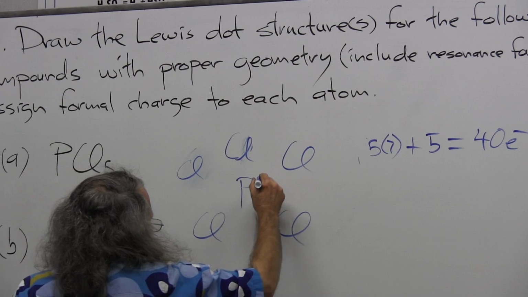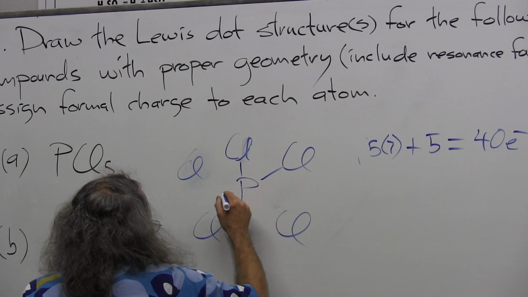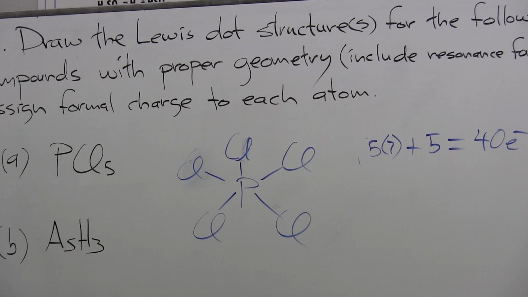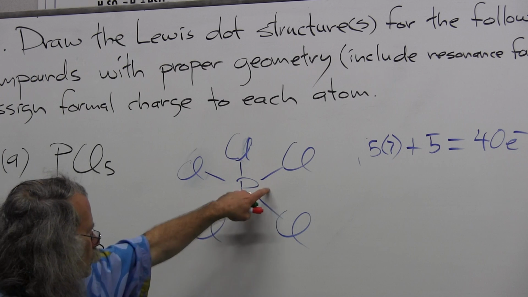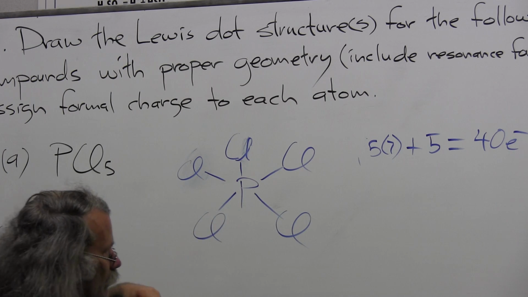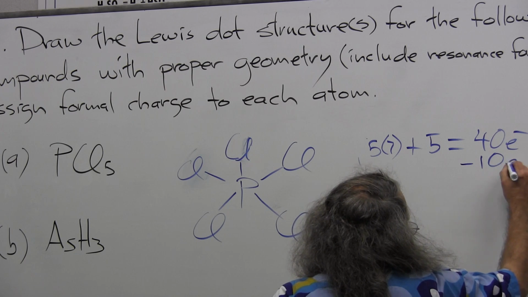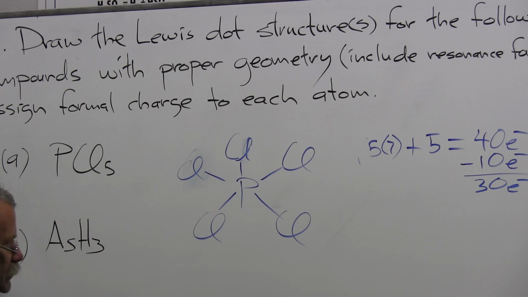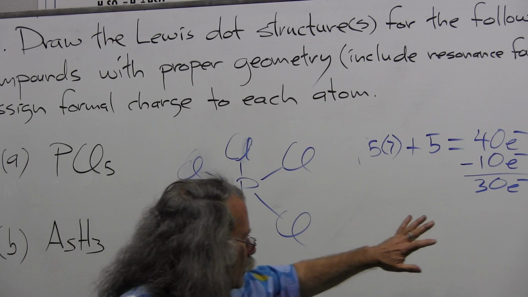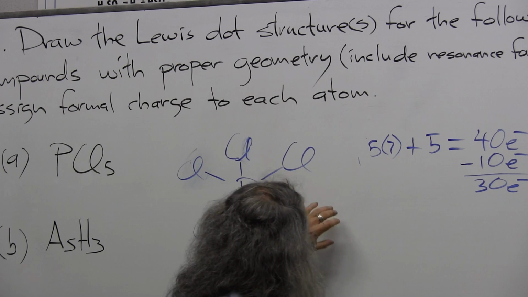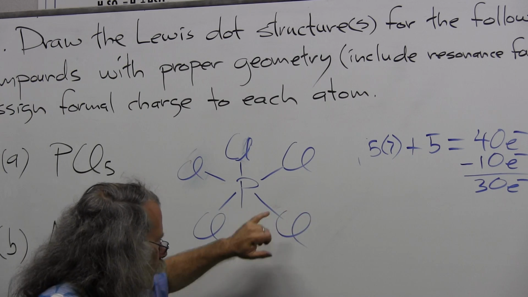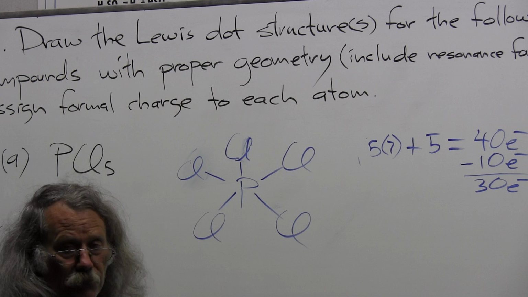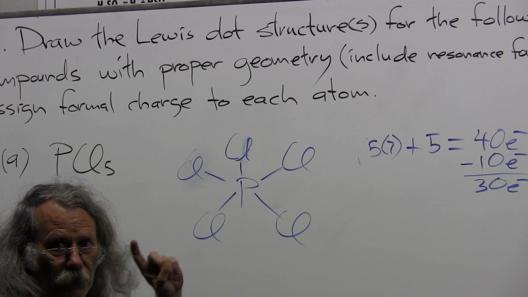Now, I will draw a line from the central atom connecting it to the outer atoms, depicting a bonding pair with each. I will deduct the 2, 4, 6, 8, 10 electrons from the total count. Minus 10 electrons gives me 30 electrons remaining. Now the next step is to distribute all of these 30 electrons pairwise to the outer atoms, completing the octet of each. And then if there are any electrons left over, we will place them pairwise on the central atom.